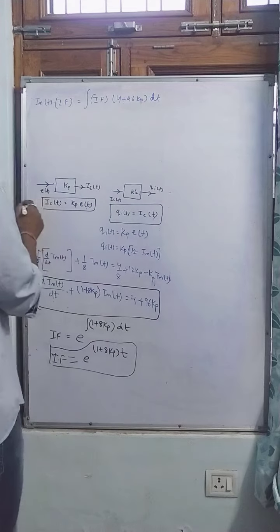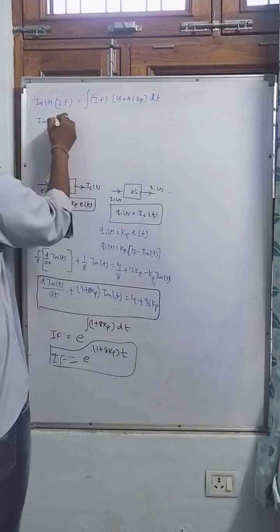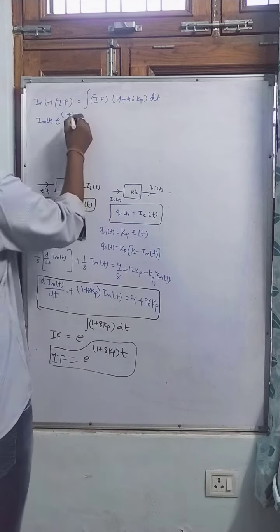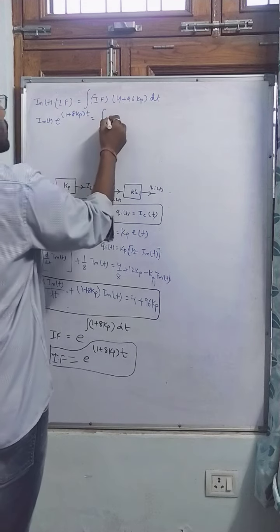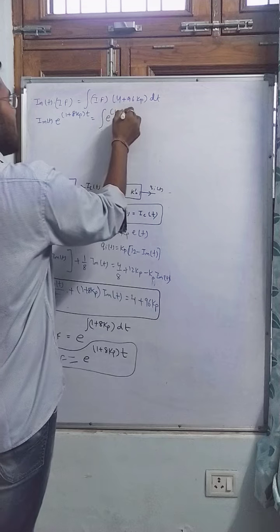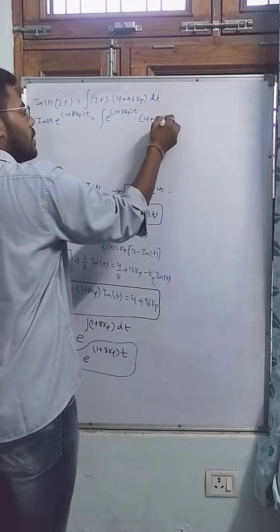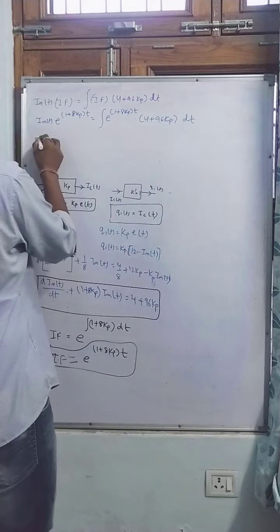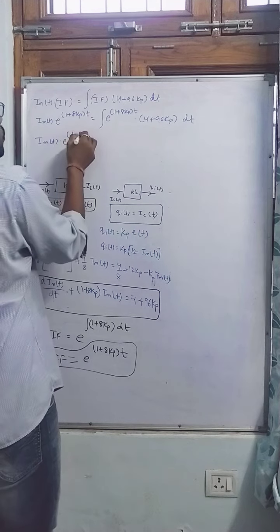Yes or no? Now imt, what is integrating factor? e to the power 1 plus 8 kp into t equal to whole integration e to the power 1 plus 8 kp into t into 4 plus 96 kp into dt. Now solve it.